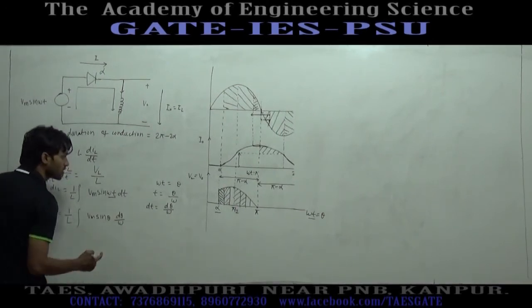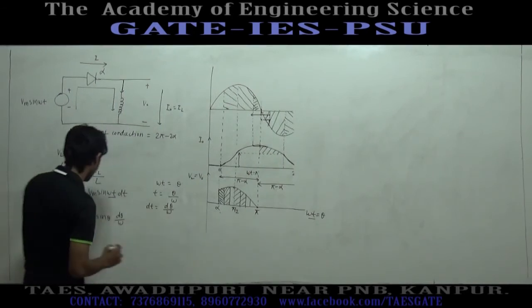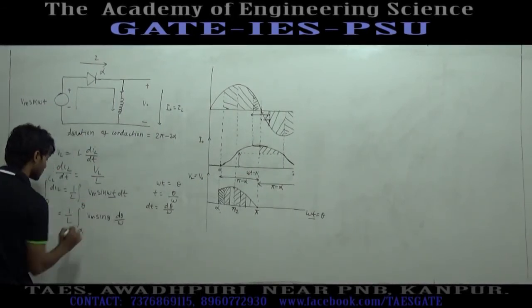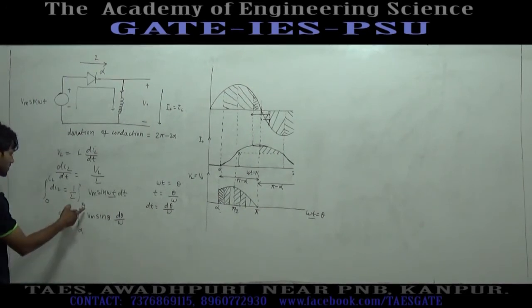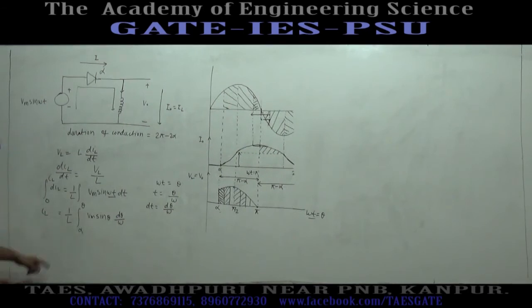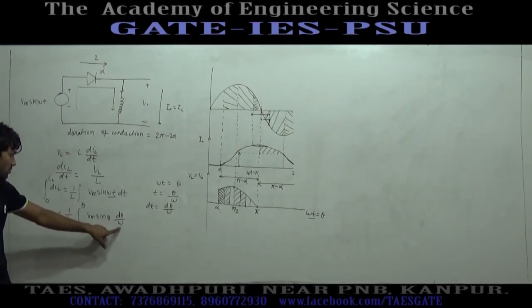So at this point theta is alpha, and at any angle theta we want to find out the current, and that current is IL. So the IL will be 1 by L, alpha to theta, Vm sin theta d theta by omega.